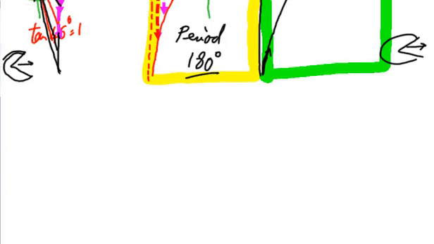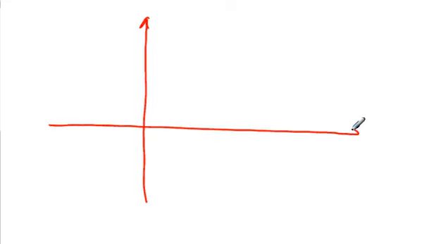So let me go ahead, clean the picture, and end the lecture. We are looking at tangent. For drawing the tangent, you mark your territory at multiples of 90. So this was 0, 90, minus 90. At these two, you draw your vertical asymptotes.